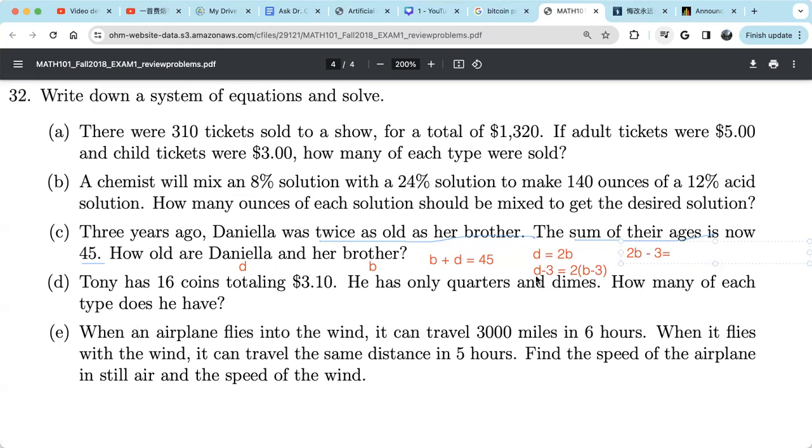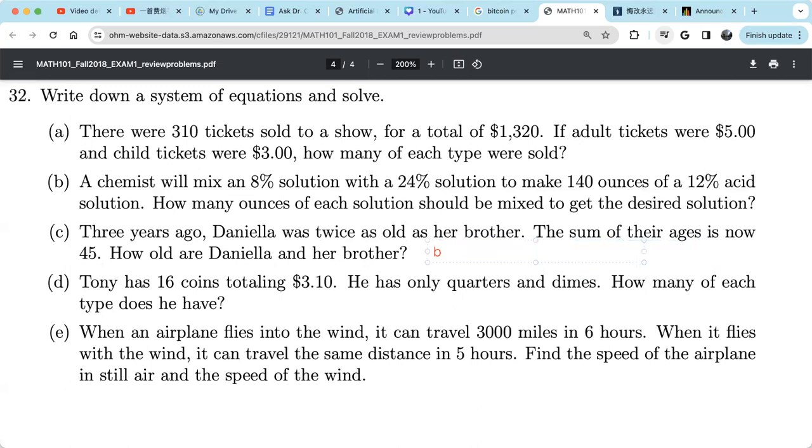This question has a problem, because I have 2B minus 6. No, this is wrong. This has to be deleted. Let me just delete everything, because it caused confusion.